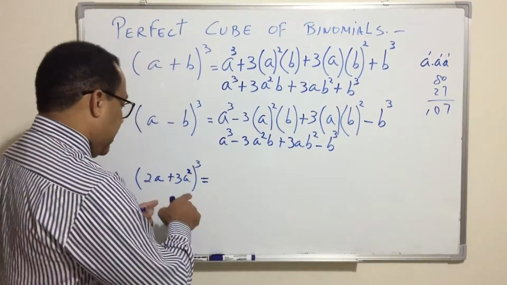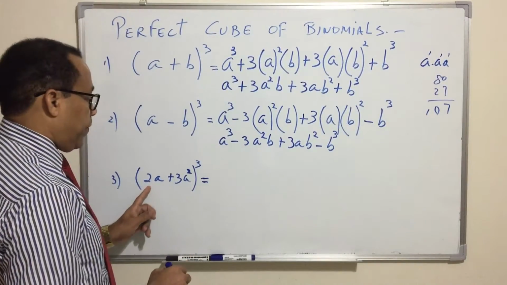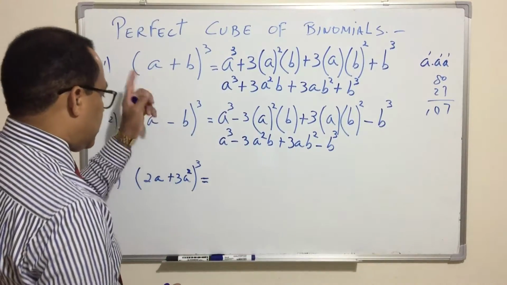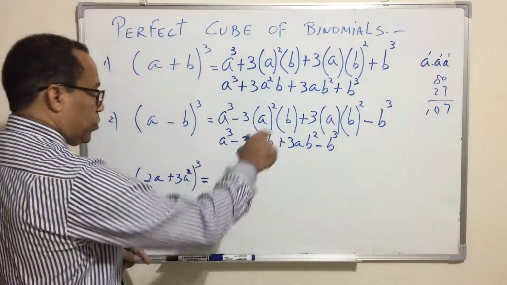Our third exercise says 2a plus 3a to the second, to the third power. Let's use the same rules we have used before.